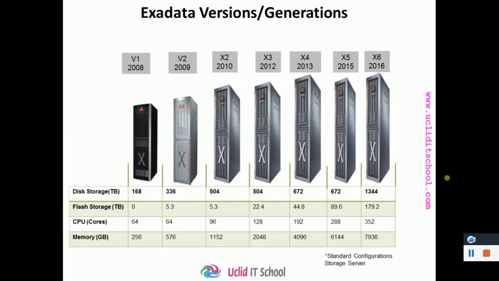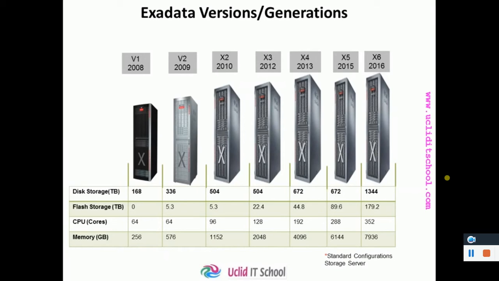So in the second version, Oracle started using Sun hardware instead of HP hardware. Okay, so that is the difference. In version 1, the hardware is HP hardware. From version 2 onwards, the hardware is Sun hardware. So all the servers inside the database machine are Sun servers. Okay, Sun Fire series servers. So that is the major difference between version 1 and remaining versions.